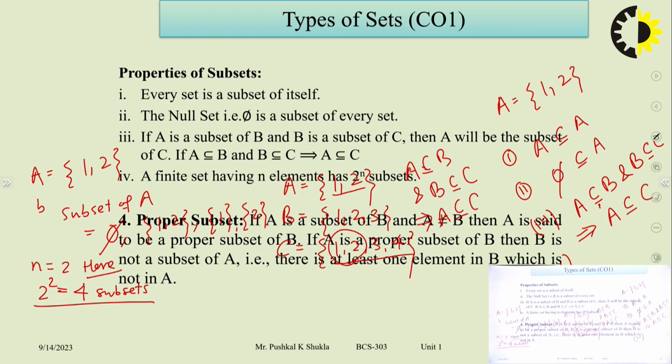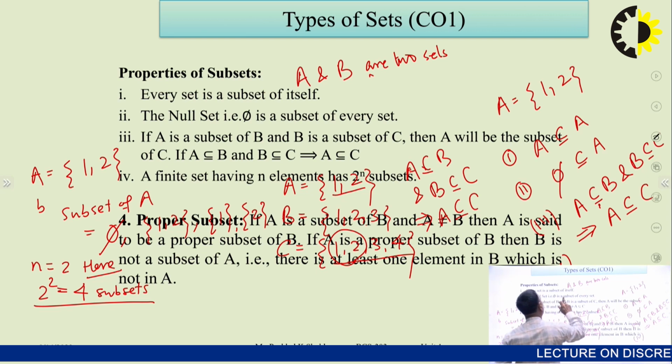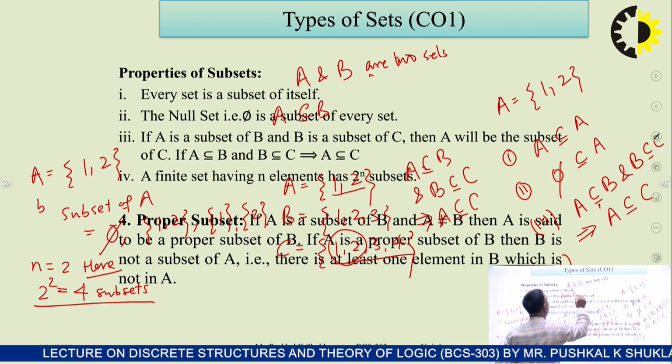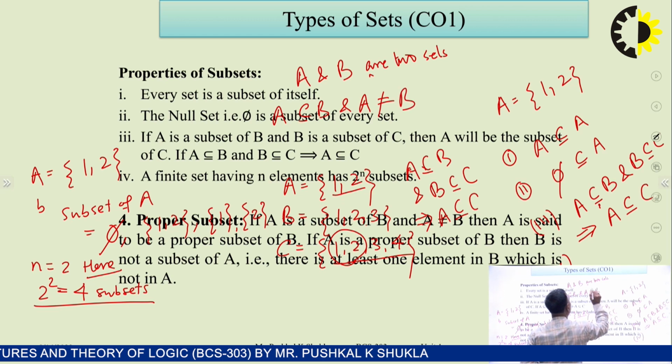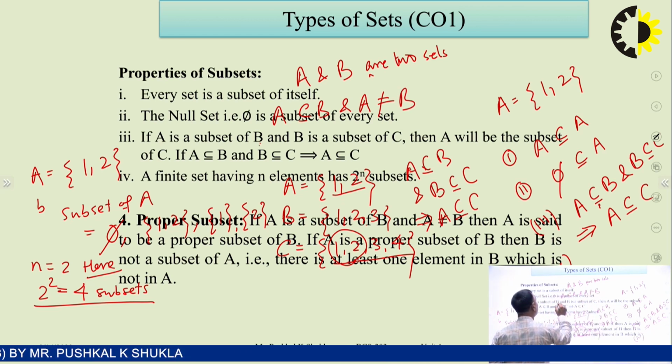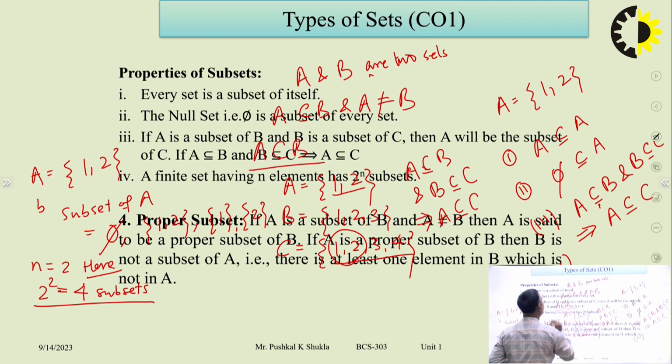Now proper subset. If A and B are two sets, A is said to be a proper subset of B if A is a subset of B and A is not equal to B. The proper subset is written as A ⊂ B this way.